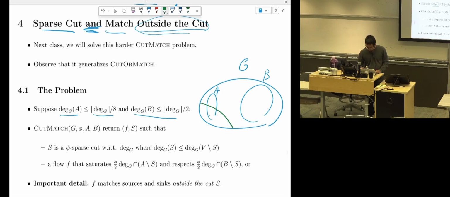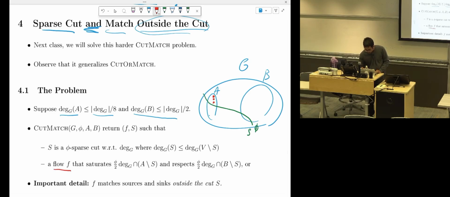Maybe I draw it in a more general way. This is S, phi sparse. And what's more is that it also returns a flow.